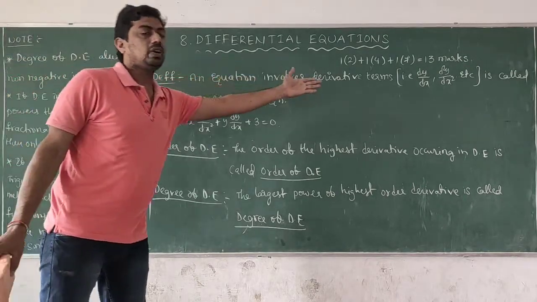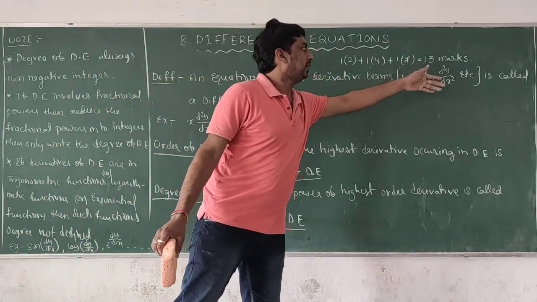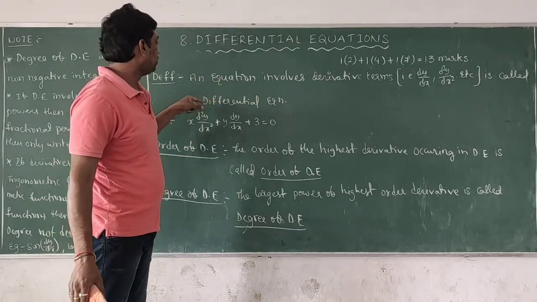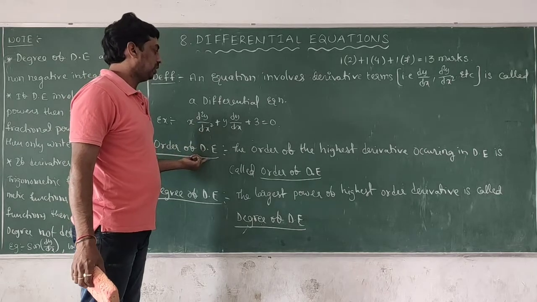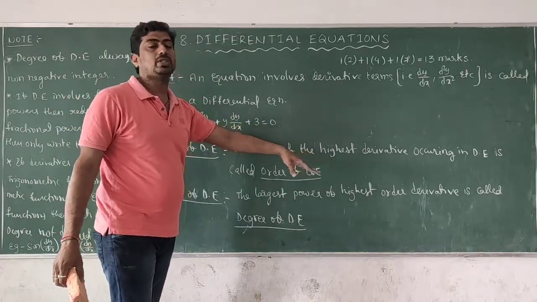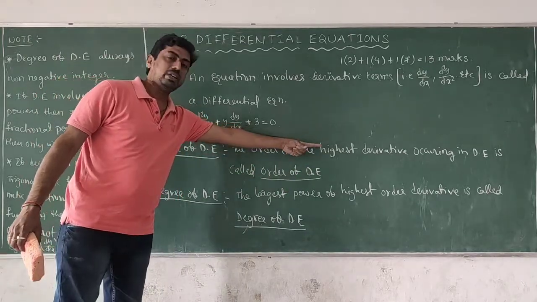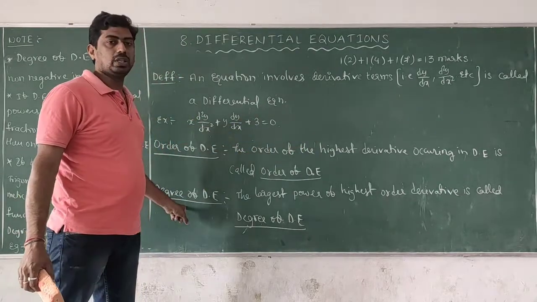An equation involving derivative terms like dy by dx, d square y by dx square, etc., is said to be a differential equation. Example, this one. Order of the differential equation: the order of the highest derivative is called the order of the differential equation. The power of the highest order derivative is called the degree of the differential equation.